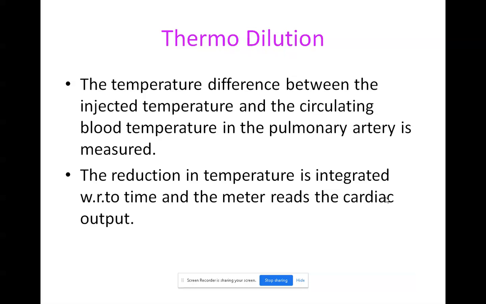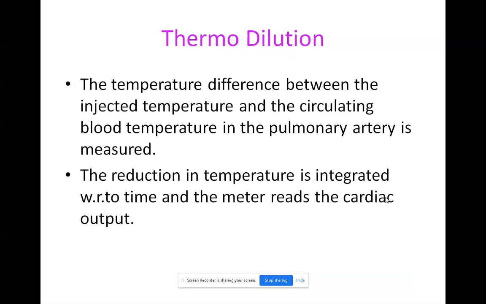These two temperatures are measured after detecting the blood at the pulmonary artery. The reduction in temperature is integrated with respect to time, so the change in temperature is measured over the time period, and the meter reads the cardiac output.